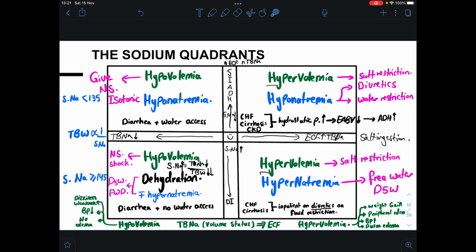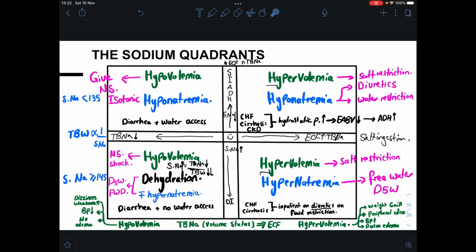The way it's organized is that you have this part being hypovolemia, this part being hypervolemia, this part being hyponatremia, and this part being hypernatremia. Okay, so the first condition is a patient who has hypovolemia and dehydration with hypernatremia.